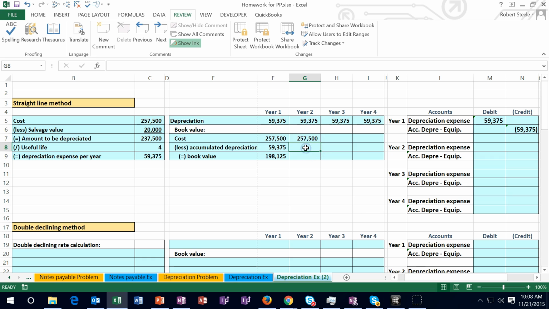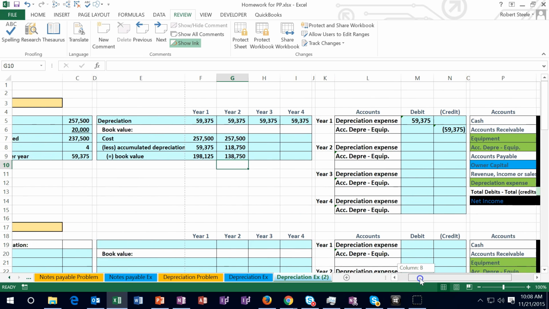The accumulated depreciation is the depreciation expense for the entire time period up to that point, which in this case equals this number plus this number. So we have the year 1 depreciation plus the year 2 depreciation, or prior year's accumulated depreciation plus the current year's depreciation expense. That gives us this number. So now we're up to here. Now what's the new book value? It equals the $257,500 minus the $118,750. Our new book value is $137,500.